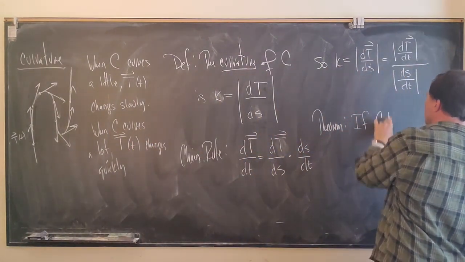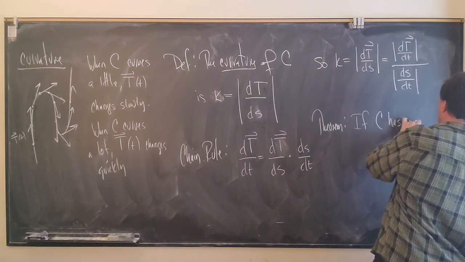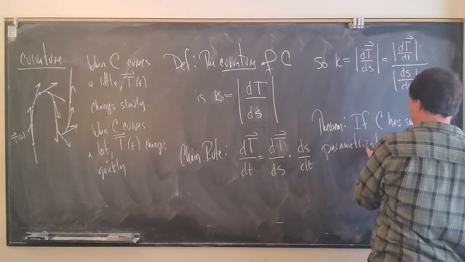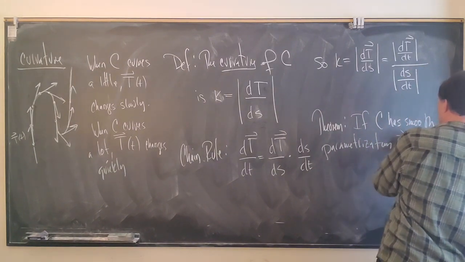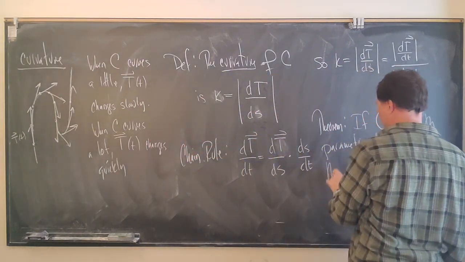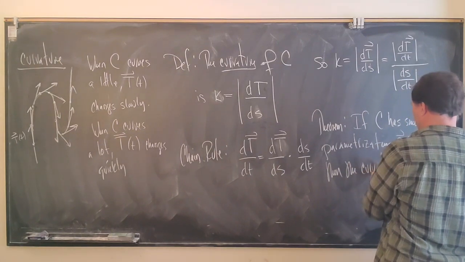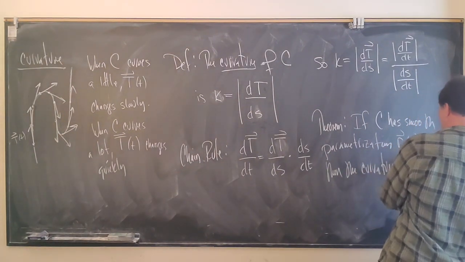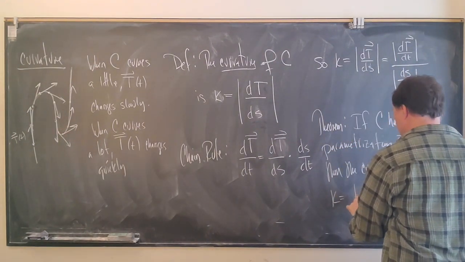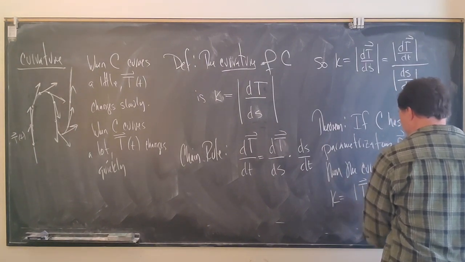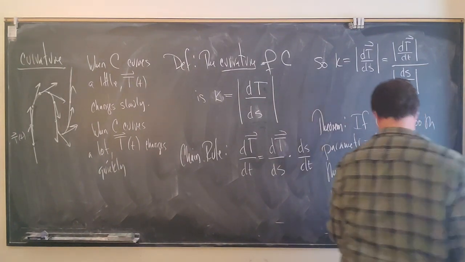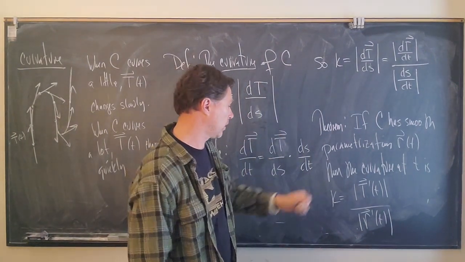If C has smooth parameterization r of t, then the curvature at t is little k equals the magnitude of T prime of t divided by the magnitude of r prime of t, the length of the velocity vector.